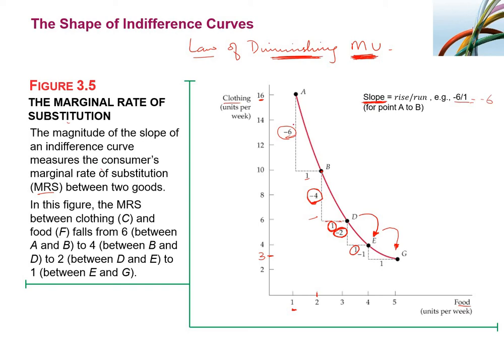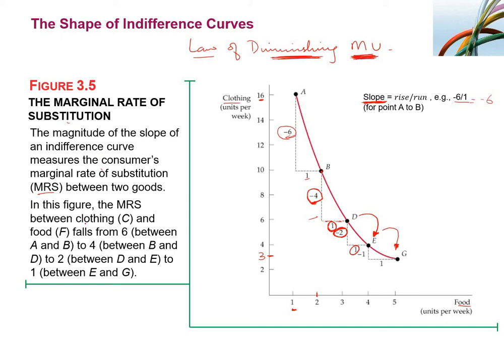Now I will ask you again: what is the slope of the indifference curve? You should know that the technical term for the slope of an indifference curve is marginal rate of substitution, MRS.